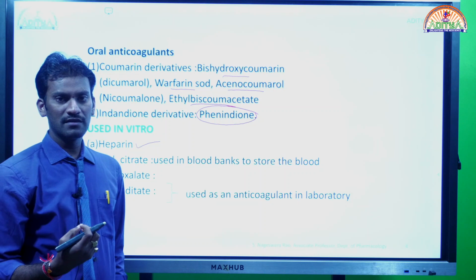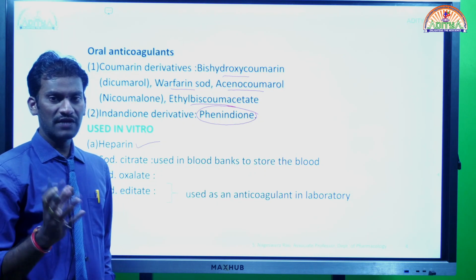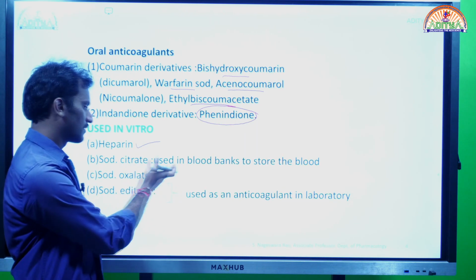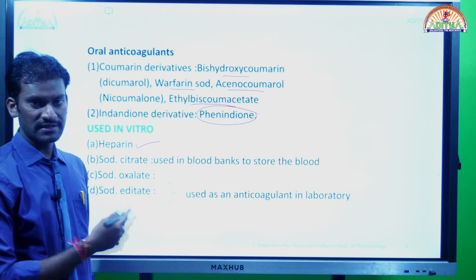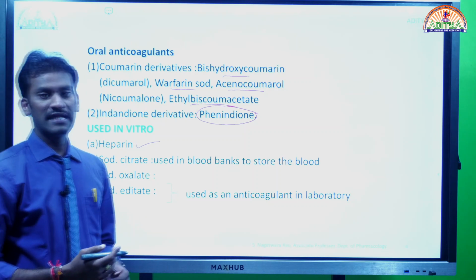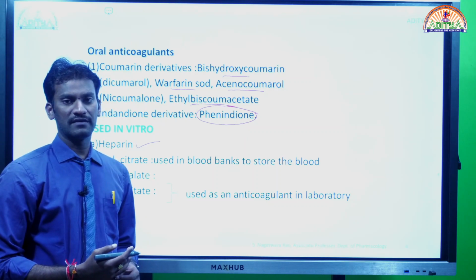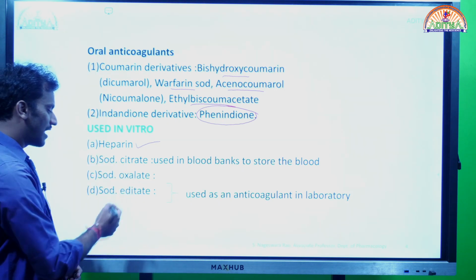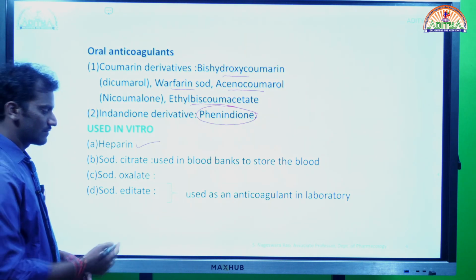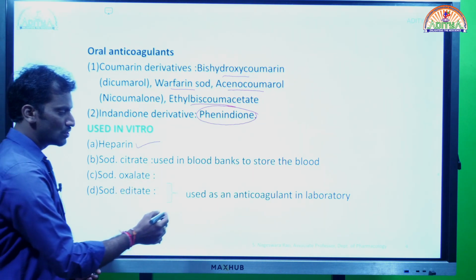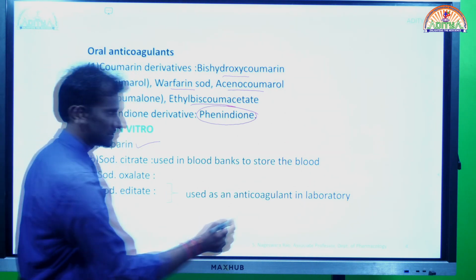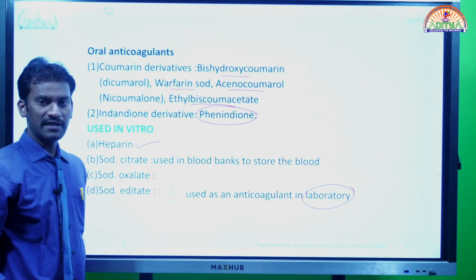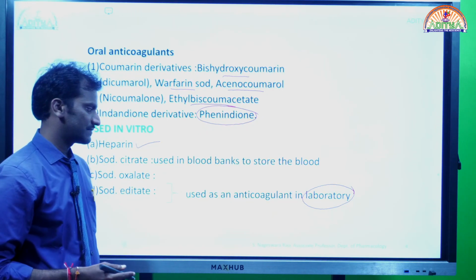After collecting the blood from the volunteer, it is stored in liquid form with the help of sodium citrate. This acts as an anticoagulant, preventing coagulation of blood within the blood pack. Sodium oxalate and sodium edetate are usually used in laboratory conditions, while we perform experiments.